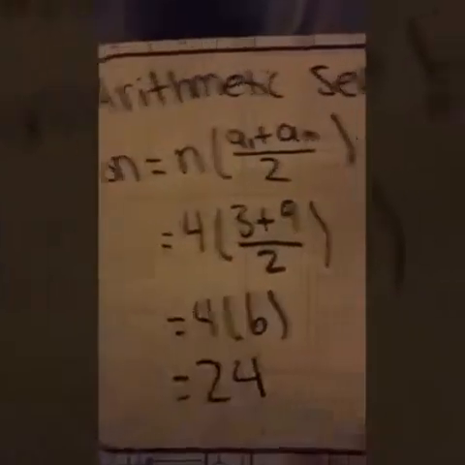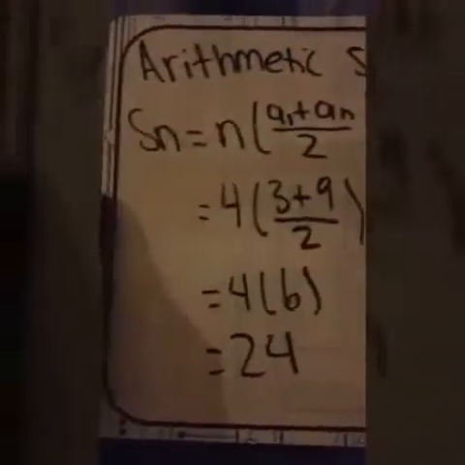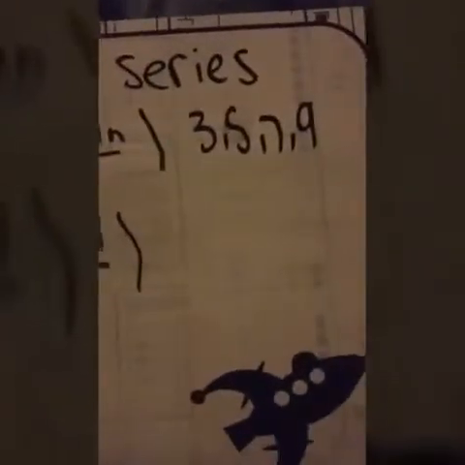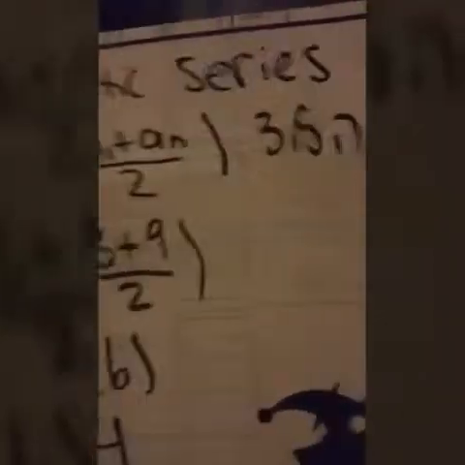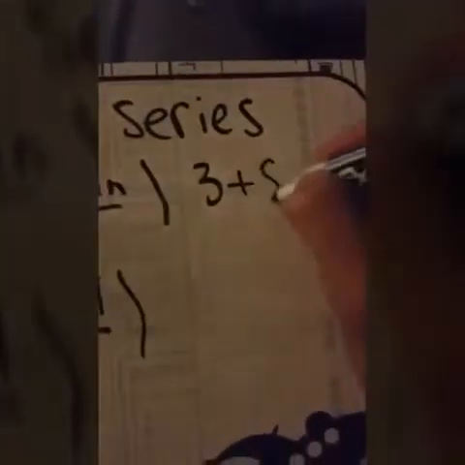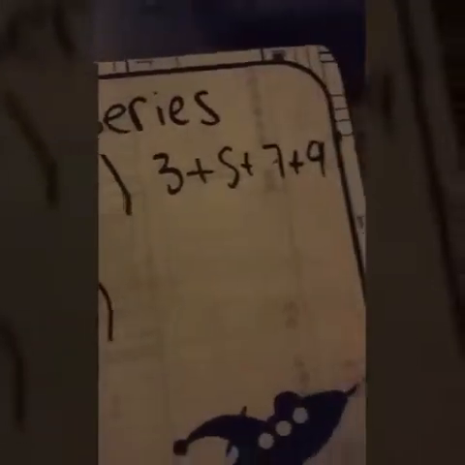Okay, so let's put the arithmetic series to work. Here we have the arithmetic series equation, and let's use our numbers from our previous equation. 3 plus 5 plus 7 plus 9.